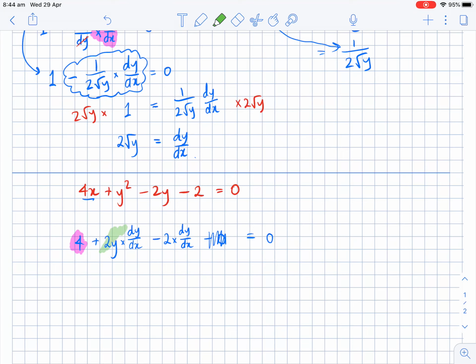And then I also have a term with dy/dx. There's one term with dy/dx and a second term with dy/dx. Now I'm trying to work out what dy/dx is. So I don't want to have 2 dy/dx's in my equation. I want to have just one of them.